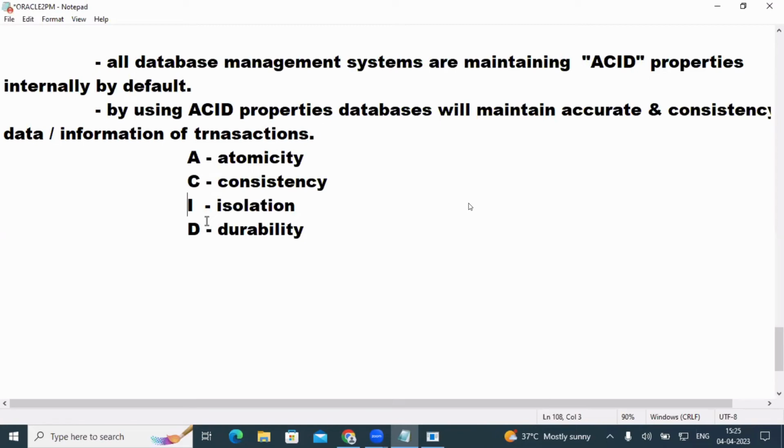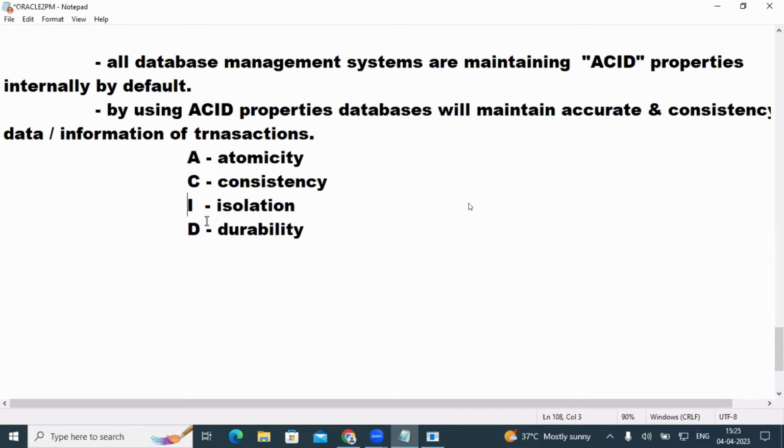Whenever we are performing some operations on databases, every property has one task it will do internally. So atomicity, what will it do for the database? Consistency, what is it? Isolation, what are its responsibilities? Durability, what will it do?